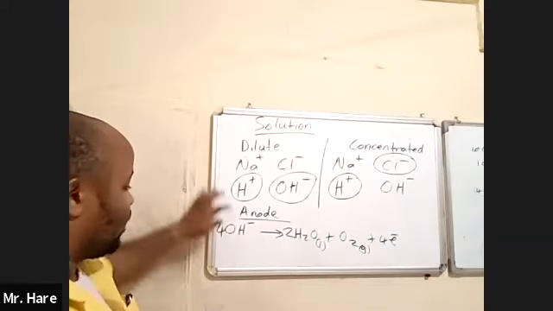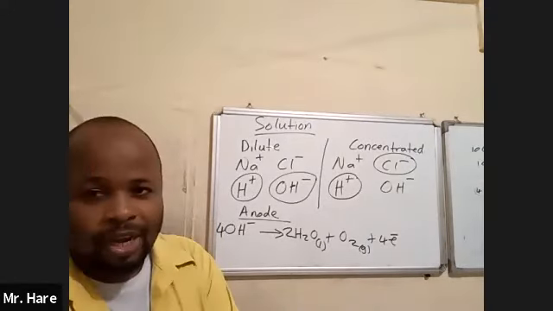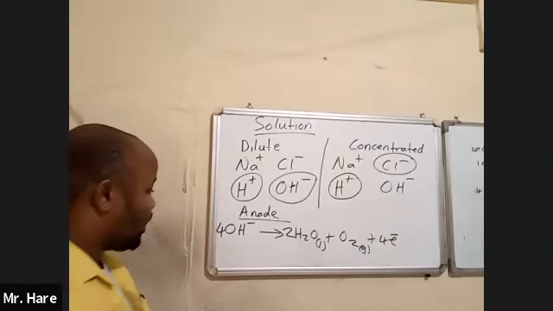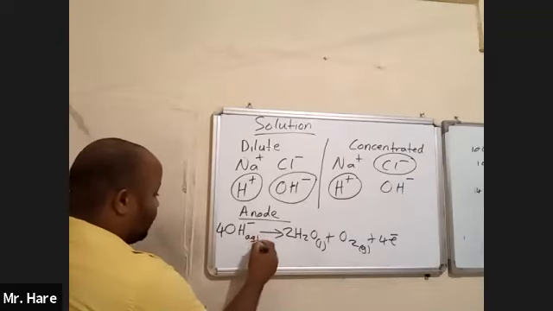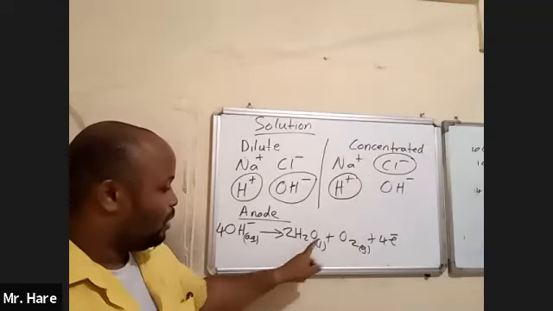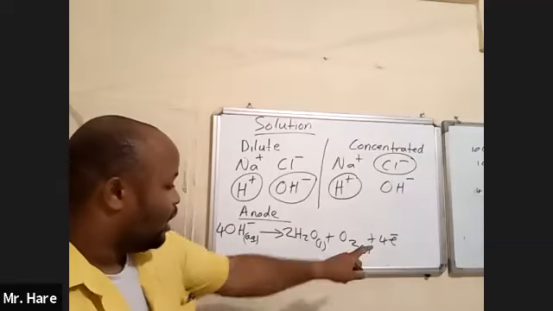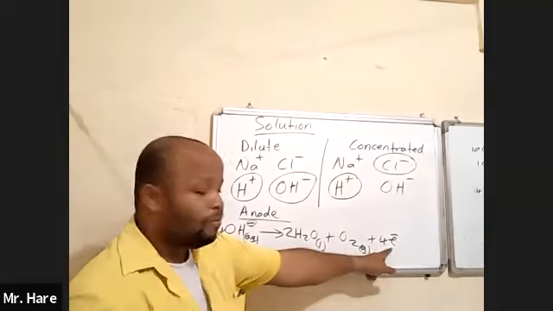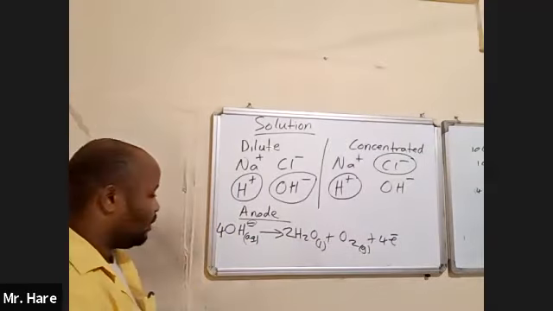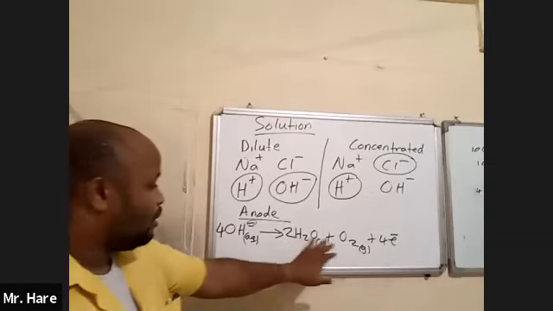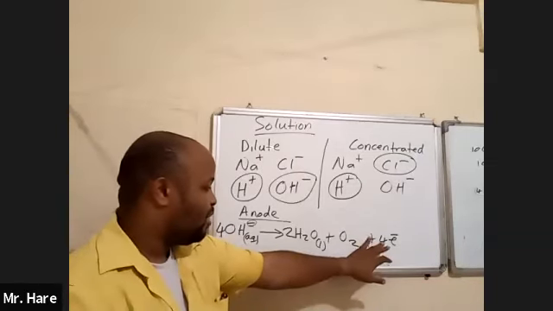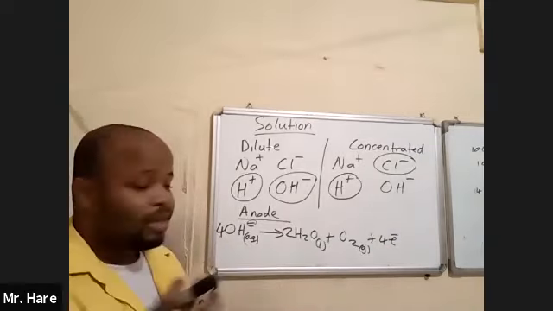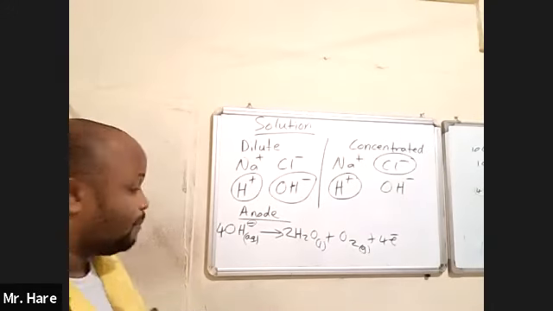Whenever you use the hydroxide ion, this is the equation. You use 4 hydroxide ions, you get 2 moles of water and oxygen, and you give up 4 electrons. Once it's the hydroxide ion, this is the equation. As I said, it is not going to change.